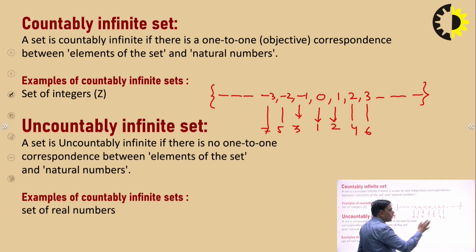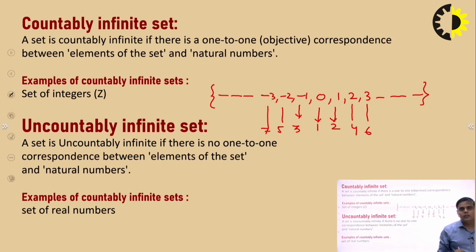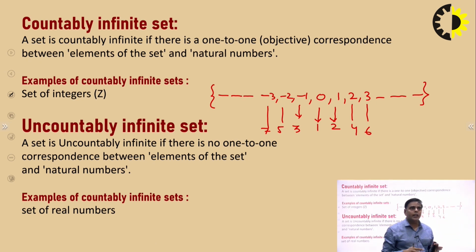So I can map all these infinite elements with natural numbers. In this set of integers, which contains the positive values, 0, and the negative values, we can map all the integers with natural numbers. If you can map the numbers, then this type of set is called an infinite countable set.